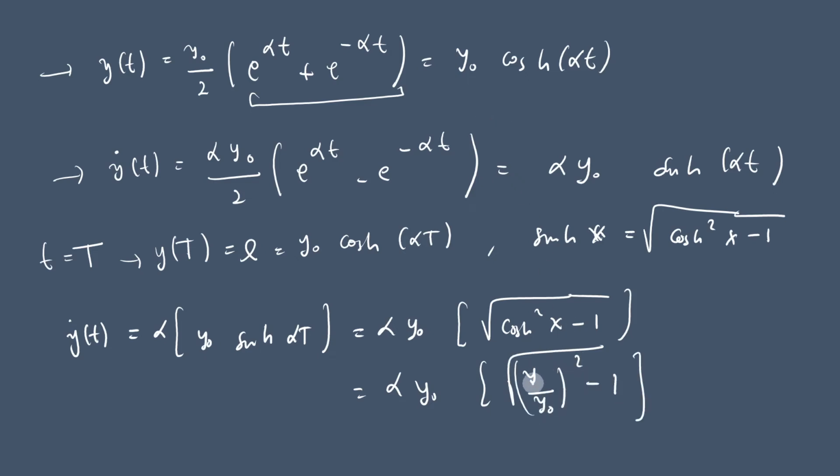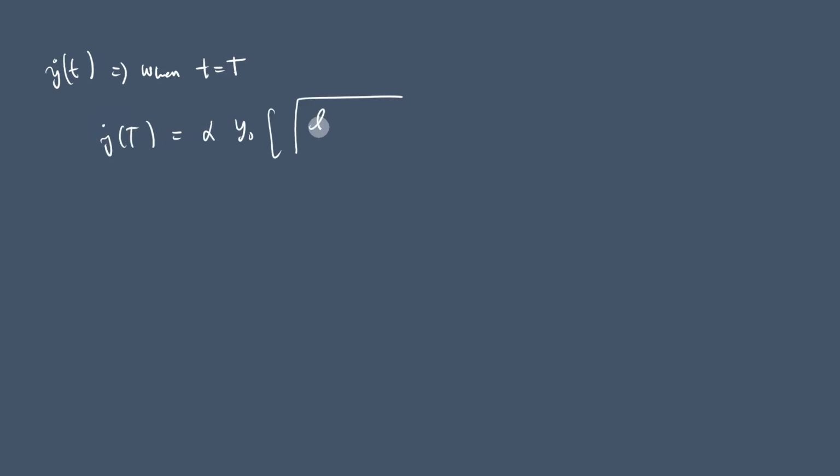Sorry, this is L. Go to the next slide and we write again y dot as a function of t when t is t. We change the denominator of this term.